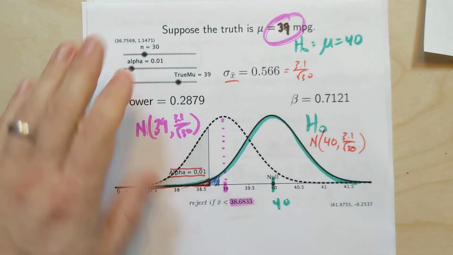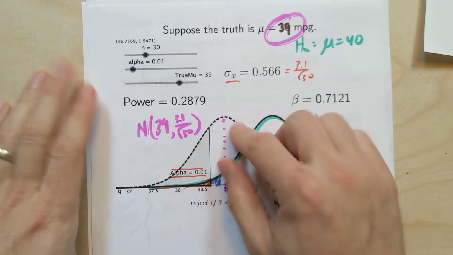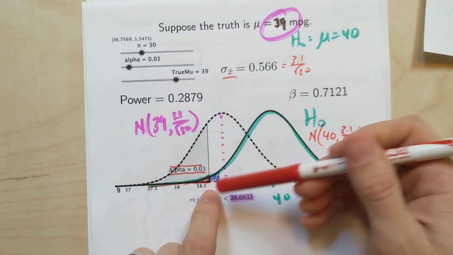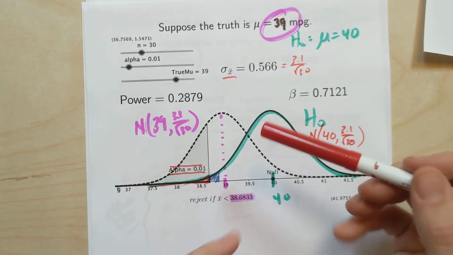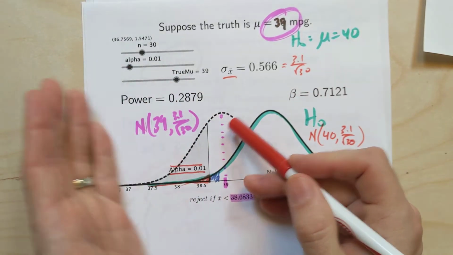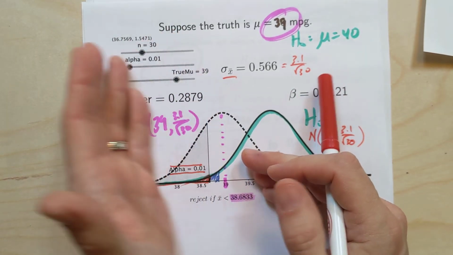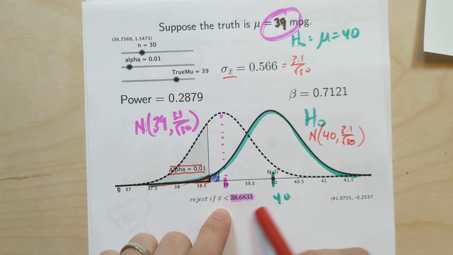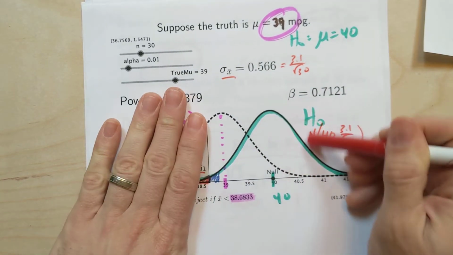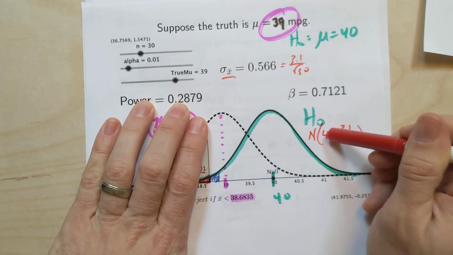Now, if this is the truth, if this is the real world, then the probability that I avoid making a type 2 error, the power of the test, would be the probability of me getting a sample mean, again, under 38.68. This time, 38.68 is not being compared to the hypothetical distribution based on the null hypothesis.